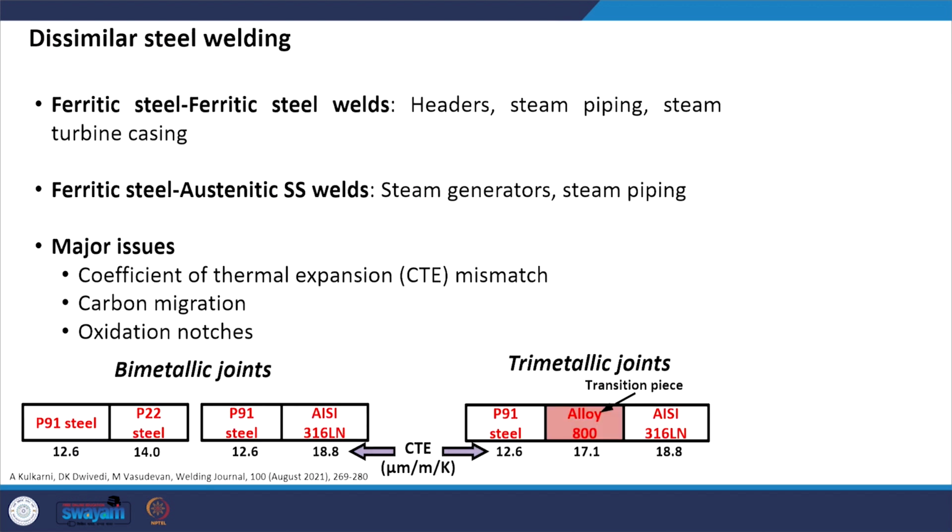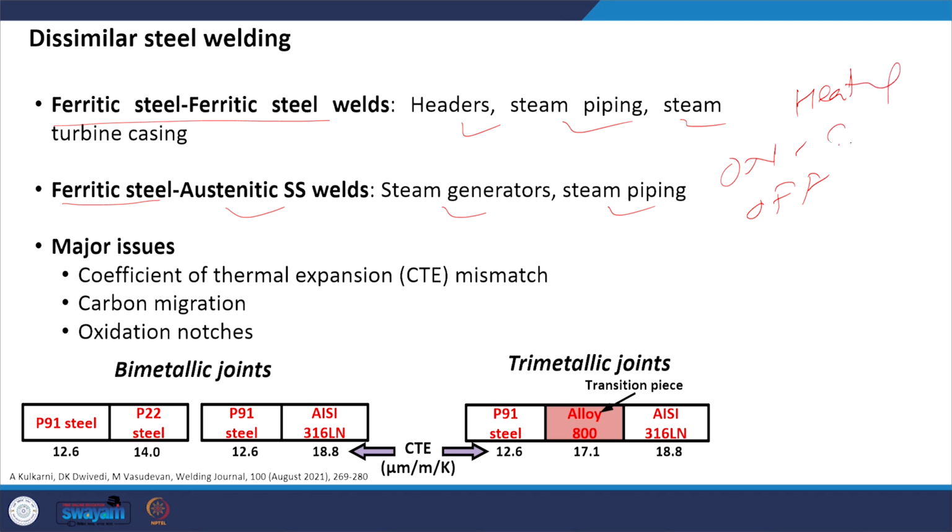Now we'll be talking about dissimilar metal joining, where ferritic steel to austenitic stainless steel welding is commonly used in components related to thermal power plants, like the steam generator and steam piping. Because thermal power plants work in on and off mode, there will be heating and cooling.